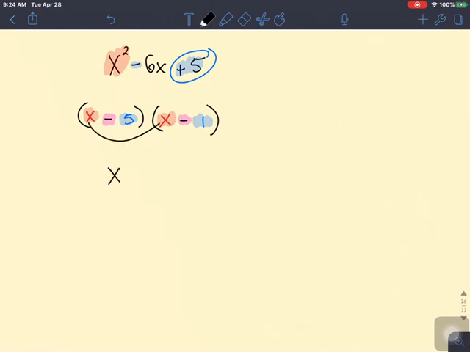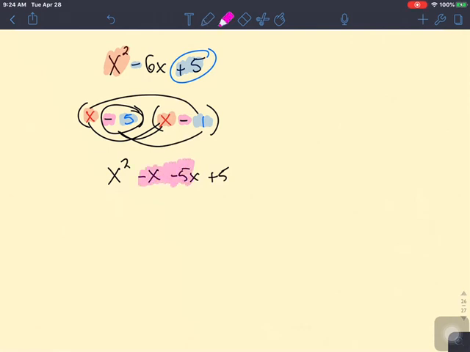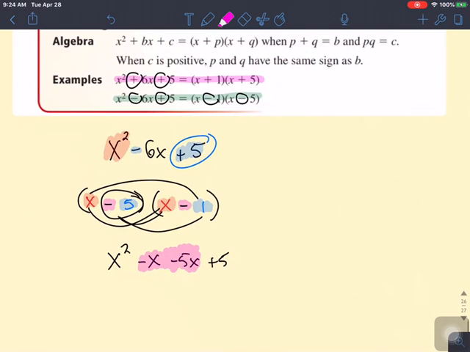X times x is x squared, and x times minus 1 is minus x. Sorry about that. And then we'll go negative 5. Negative 5 times x is negative 5x. And then negative 5 times negative 1 is positive 5. So you can see right here, negative 5x and negative x gives us the negative 6x.